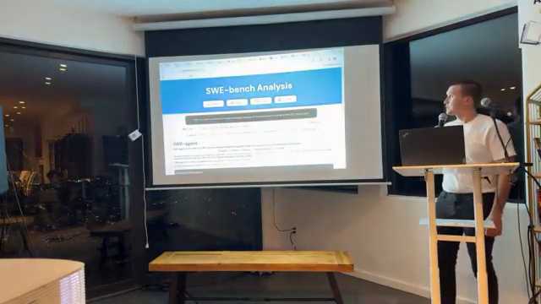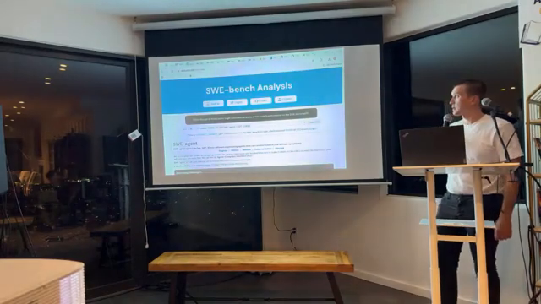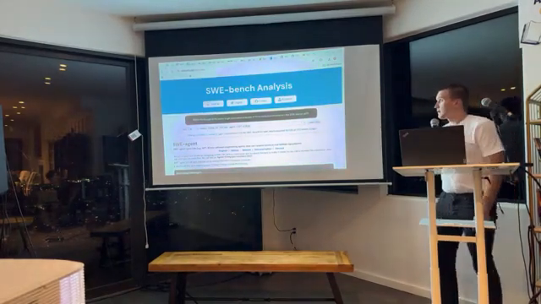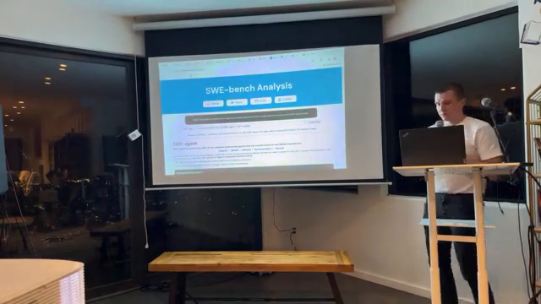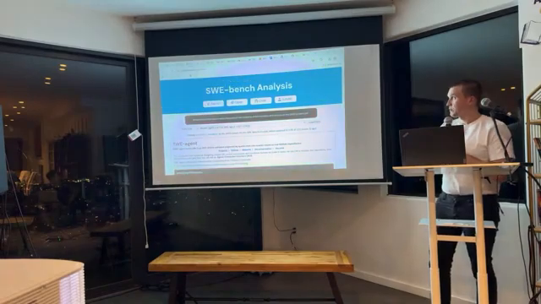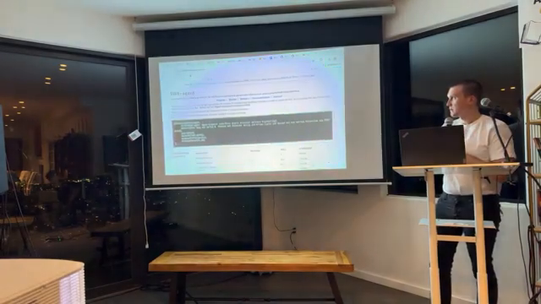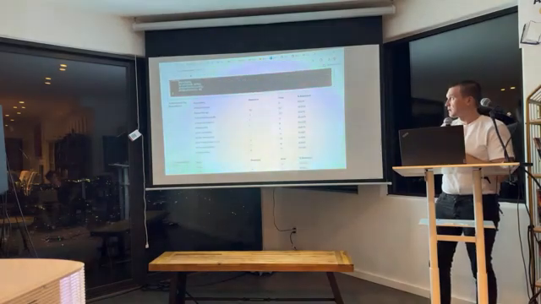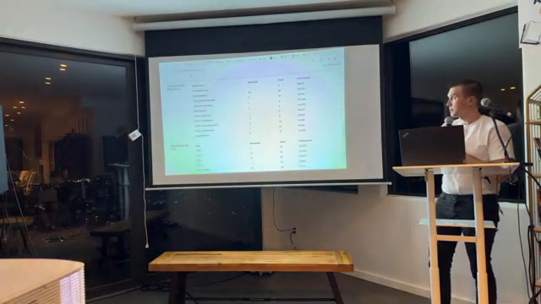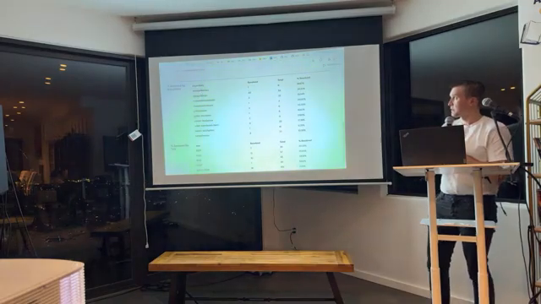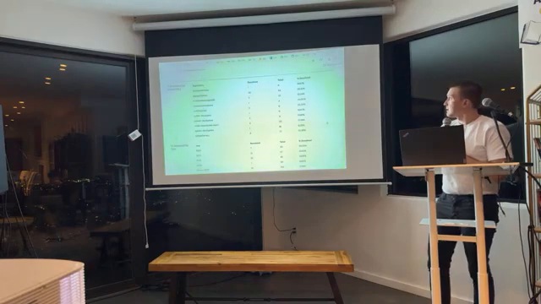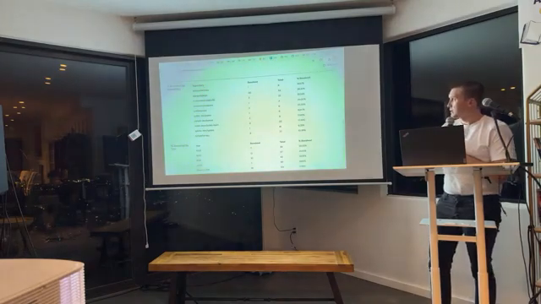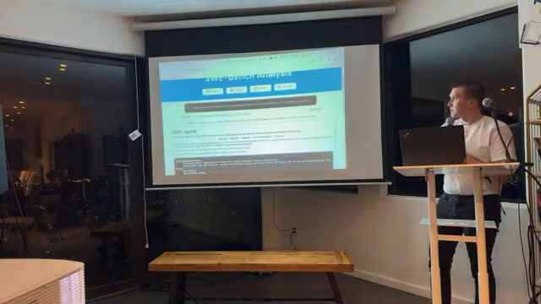Okay, for this hackathon, I wanted to explore how SWE Bench could help with Kubernetes issues on GitHub. SWE Bench is a benchmark to solve different issues on GitHub. You can see the public repositories like Django, Matplotlib, PyLint, PyTest, and the percentage of how many issues were resolved by state-of-the-art LLMs.